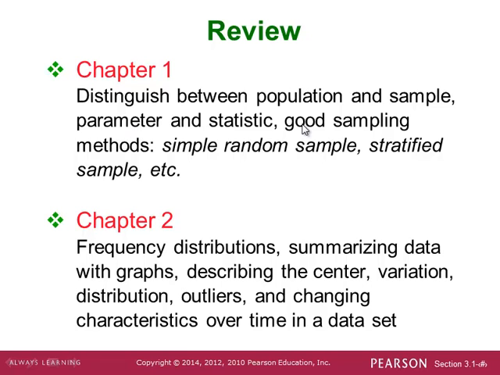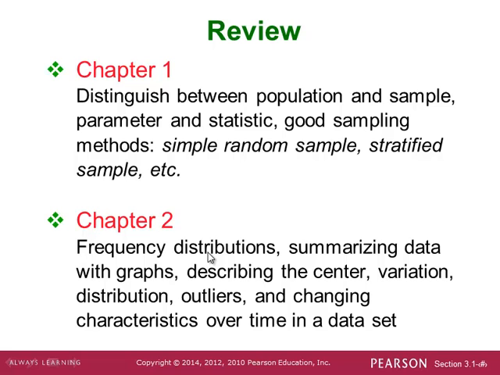We've looked at some different sampling methods, including the simple random sample as compared to simply a random sample. We've taken a look at stratified samples, cluster samples, convenient sampling, etc. Some are better than others, some are more appropriate than others.